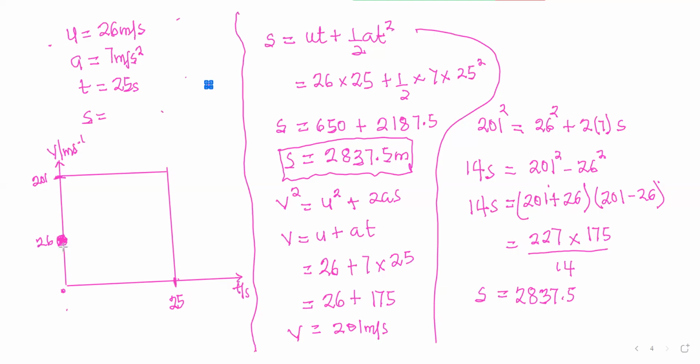Good. So this is where the acceleration will end. We can clear this one so that our distance will end here. Okay, so the area under the graph would give us the total distance.